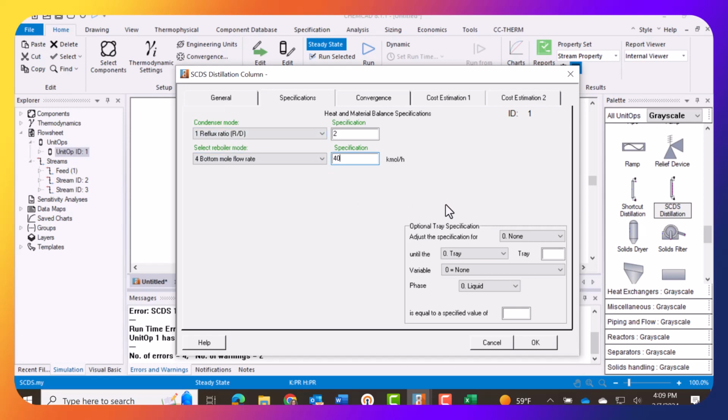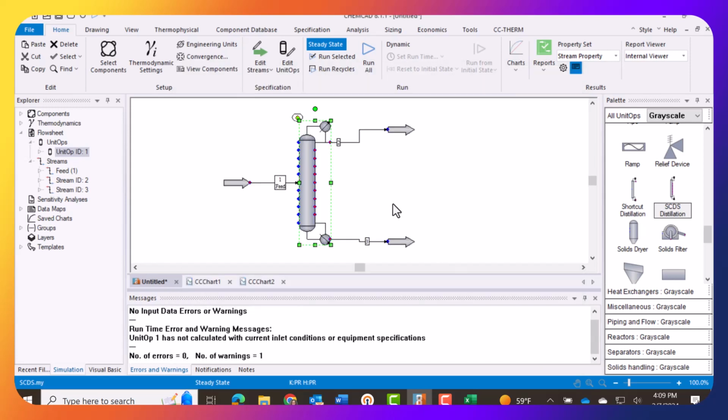I can add additional tray specifications. I can say something about a condenser. I can add side product information, etc. All right. And I think I may be done. I've entered all of the given information at this point.